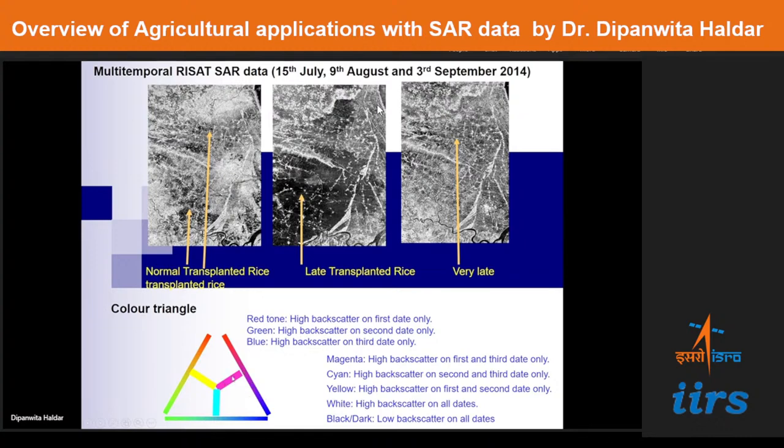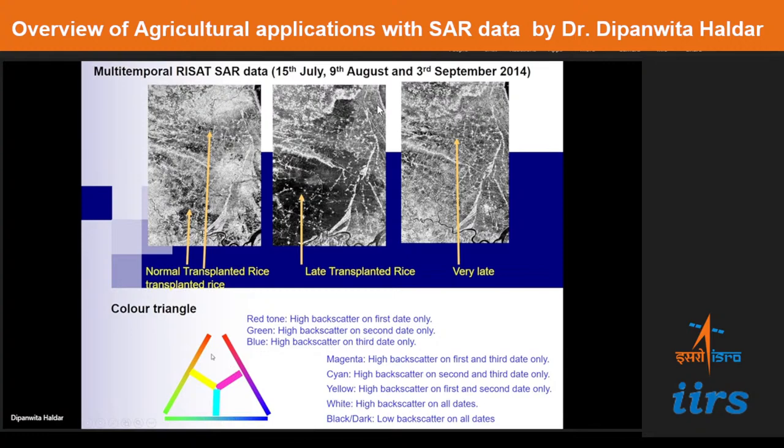Similarly, if you have a low backscatter in the third date, it means high backscatter in the first and second date. Here you have low backscatter in the third date, but high here and high here. So these are very late transplanted rice, where transplantation occurs only very late in the September month. Those points will appear as yellow in the combined color image.